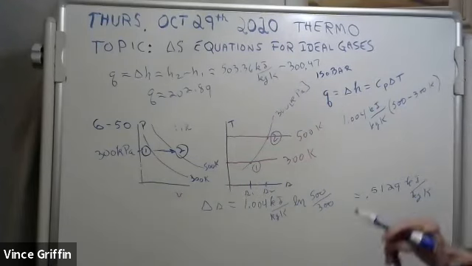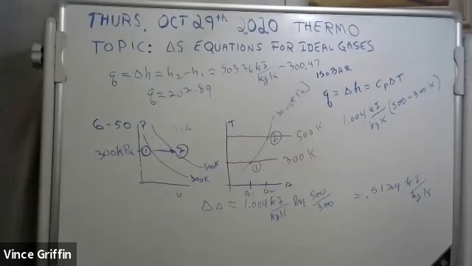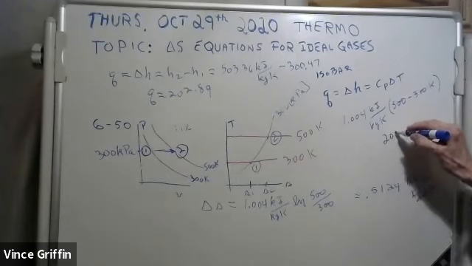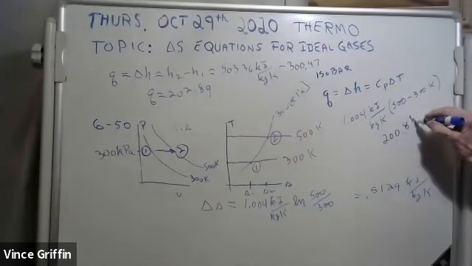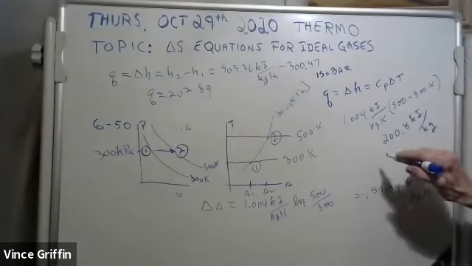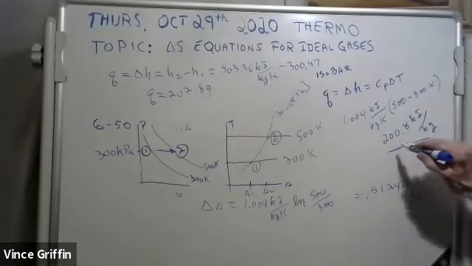And what you'll get is 200.8 kilojoules per kilogram from those tables.